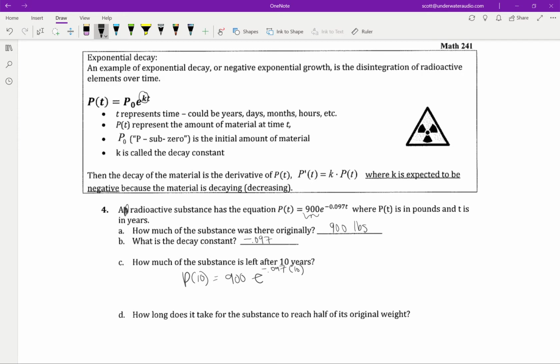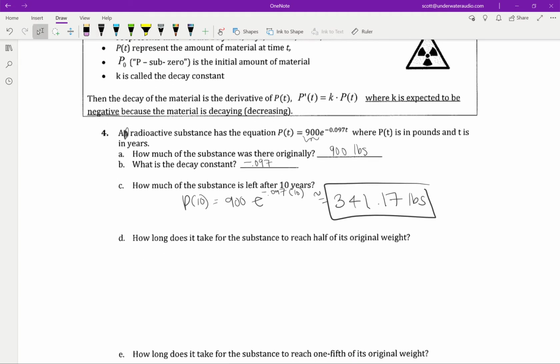We'll put this in a calculator. 900 e to the negative 0.097 times 10. Okay, that looks like 341.17 pounds. And I'm going to put an approximation symbol because we approximated.